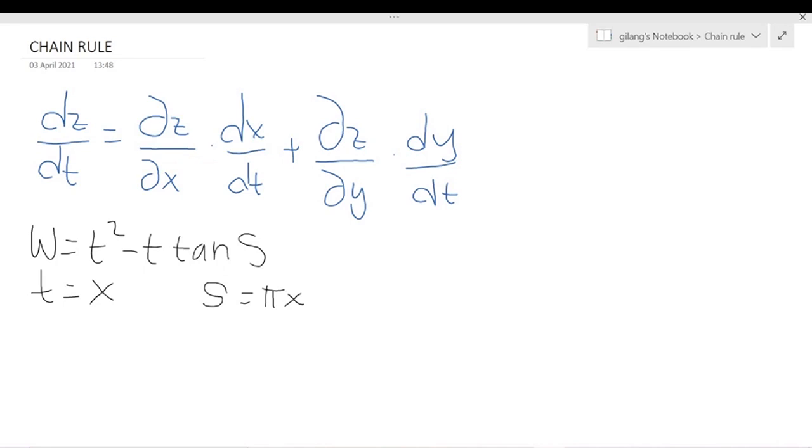The question is, what is dw over dx when x equals 1/4?